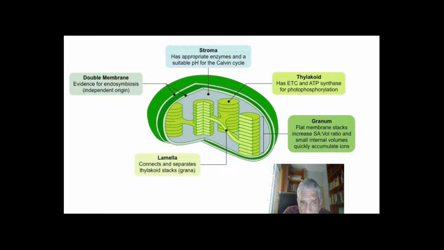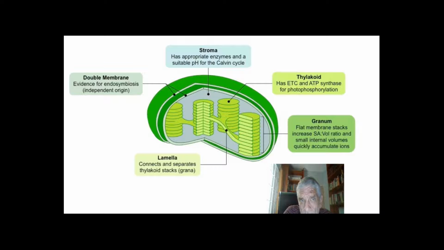But the double membrane is not really important in photosynthesis, more important in the mitochondrion, but it's evidence for the endosymbiosis.